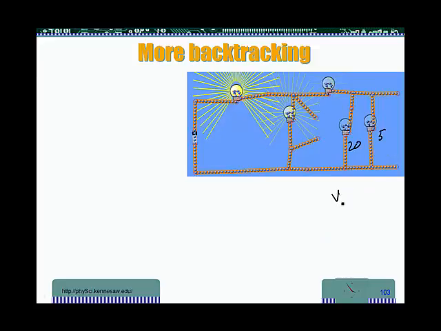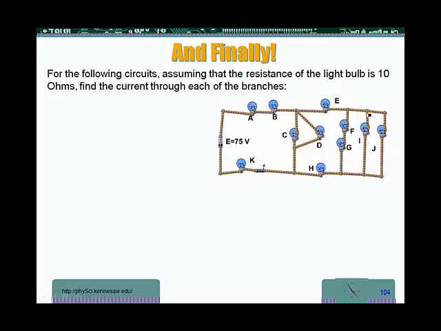So the voltage across the 20 is 1.5 volts and the voltage across the 5 is 1.5 volts, meaning the voltage across each one of these is also 1.5 volts.